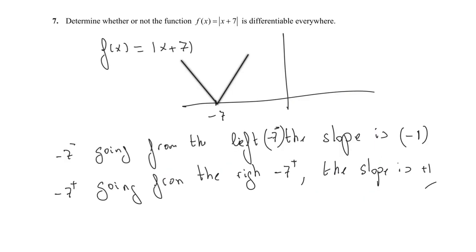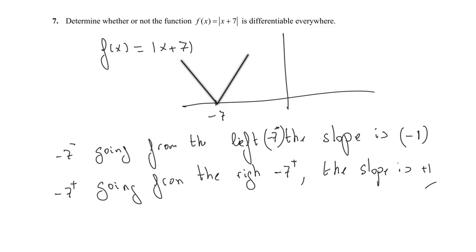Okay, let's go to the next problem. The next problem is to determine whether or not the function absolute value of x plus 7 is differentiable everywhere. The answer is that it is differentiable everywhere, except at the point x equal minus 7.